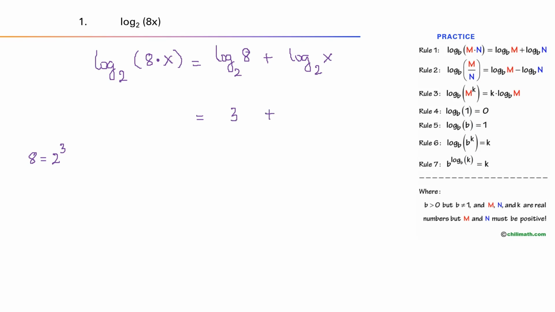So plus log base 2 of x. That should be the answer, right? So right here, if you don't get it, 2 to the power of 3 equals 8, so that equals 3. Yep. Okay.